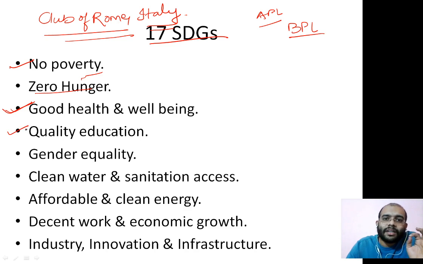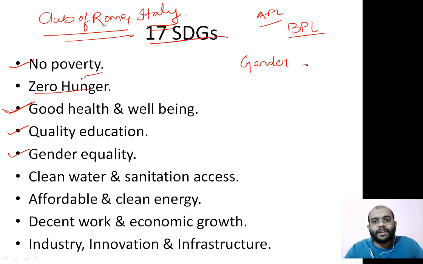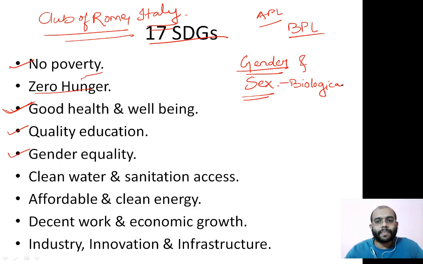Quality education is the fourth sustainable development goal. Gender equality, no discrimination on grounds of gender. And remember, gender and sex are two different terms. Sex indicates your biological differences, which is bound to happen.